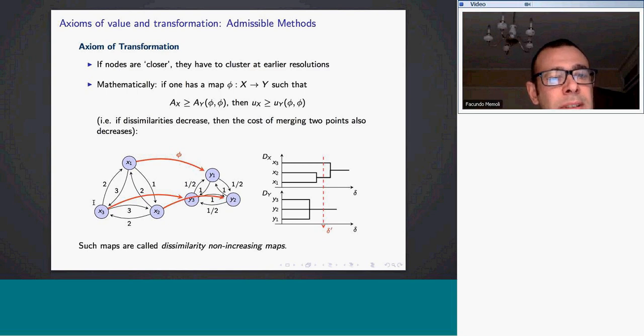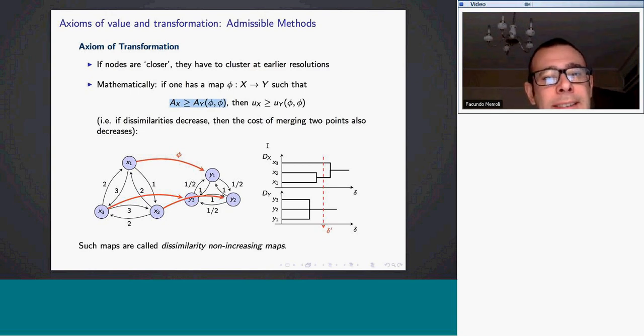Okay, the following is an example. Suppose I have this X with three nodes, and the similarities are shown on top of the edges here. I have a network Y with three nodes, Y1, Y2, and Y3, with similarities on the corresponding edges. So there's a natural map here, which takes X1 to Y1, X2 to Y2, X3 to Y3. That turns out to be similarity non-increasing, in the sense of an inequality for every pair of nodes Xi and Xj.